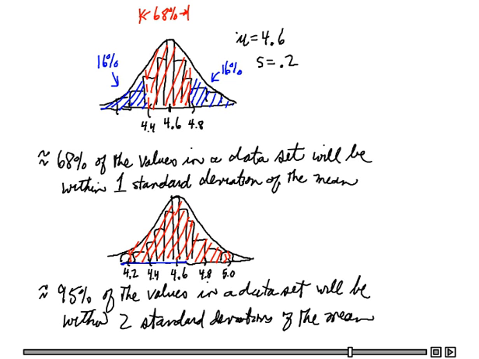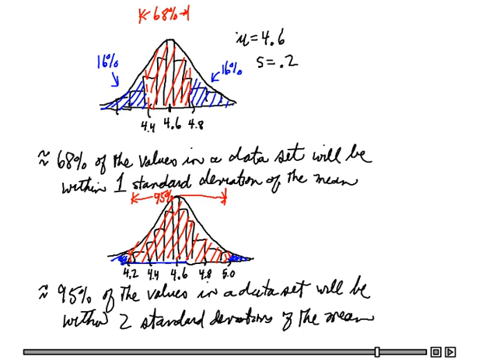And then we could also make the argument what percent of the Kisses in the bag would be below 4.2 grams or above 5 grams. Well, we know that 95%, approximately 95%, are within 2 standard deviations, so the percentage outside of that would be 5%.